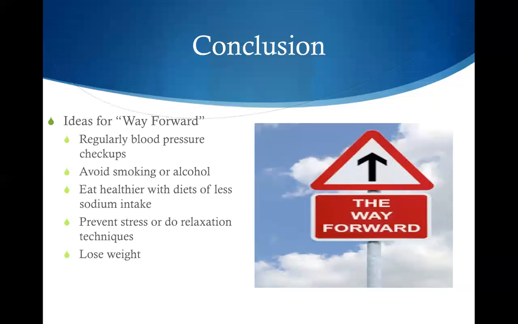Avoid smoking or alcohol, of course, because those correlate with increasing blood pressure. Another one, like I said earlier, was eating healthy and less sodium intake. I also mentioned preventing stress or doing relaxation techniques. And losing weight. Losing weight relates to everything here, because if you eat healthy or do exercise, you will lose weight.